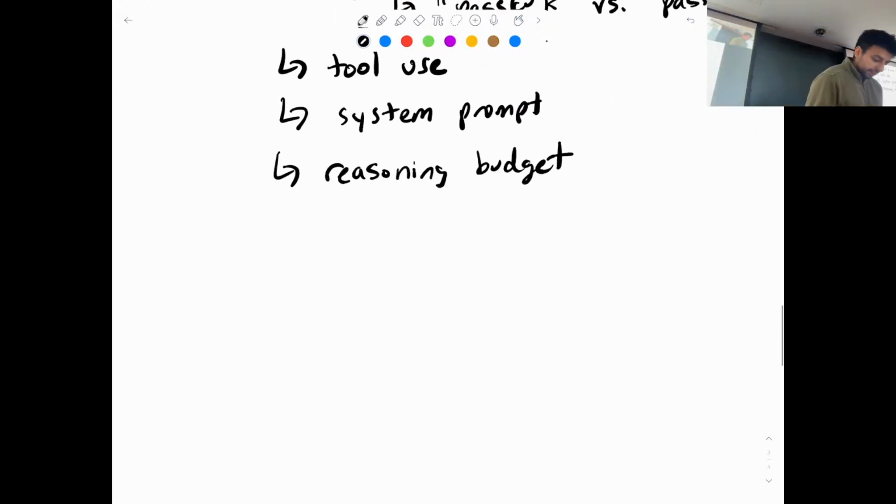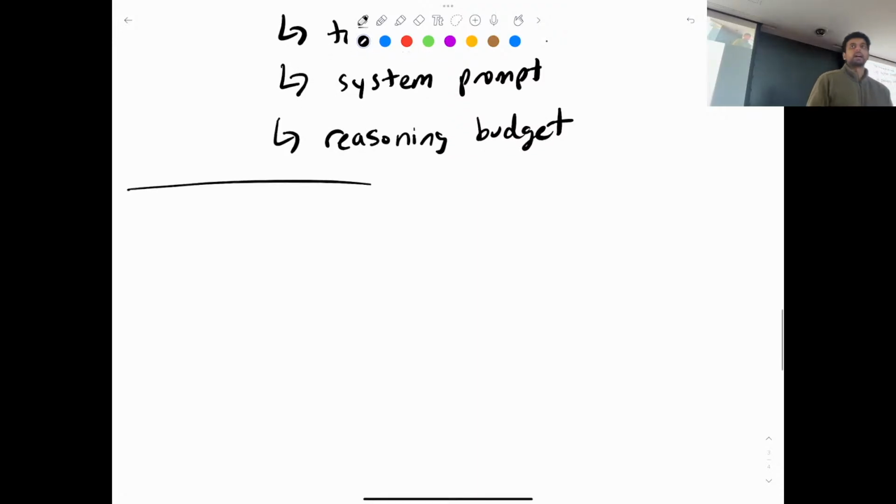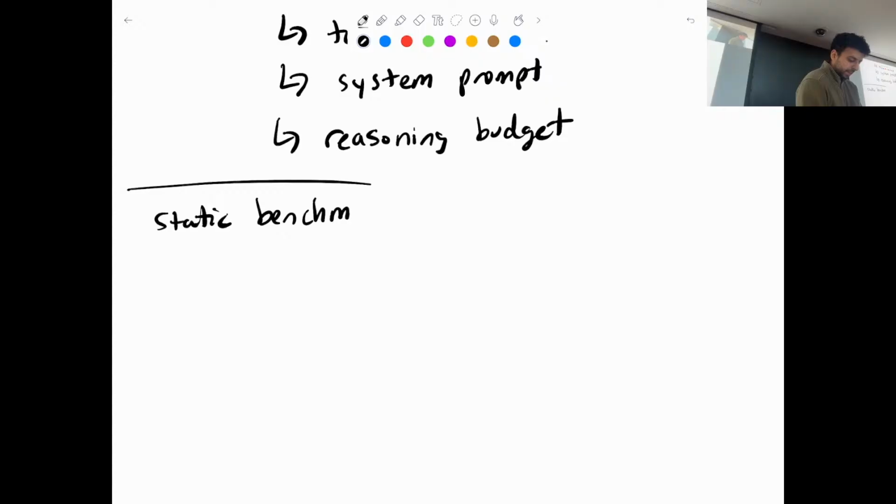All right, so now let's start looking at some examples of specific kinds of task and metric combos. I wanted to show first the most canonical example of a static benchmark with a simple metric, and we'll build from there.